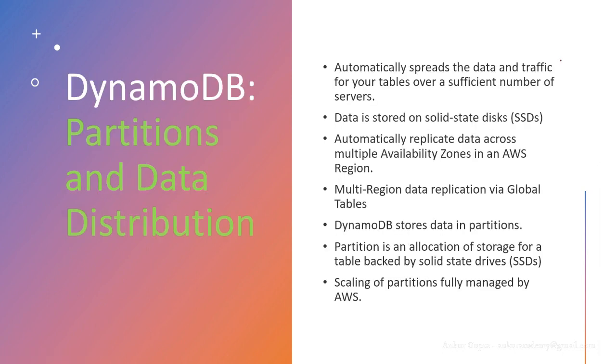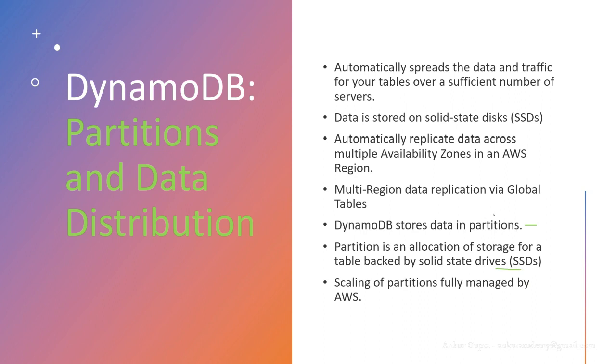Now let's talk about how DynamoDB stores data in tables. DynamoDB stores all your data in partitions. Partitions are storage allocation units which are backed by SSD drives. So one SSD drive can have many partitions.